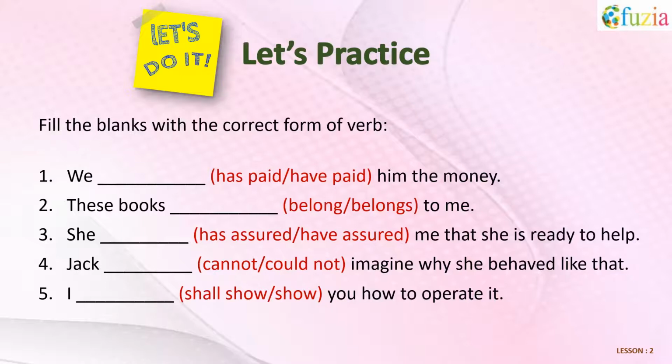She has assured or have assured me that she is ready to help. Jack cannot or could not imagine why she behaved like that. I shall show or show you how to operate it. So let's quickly check the answers.